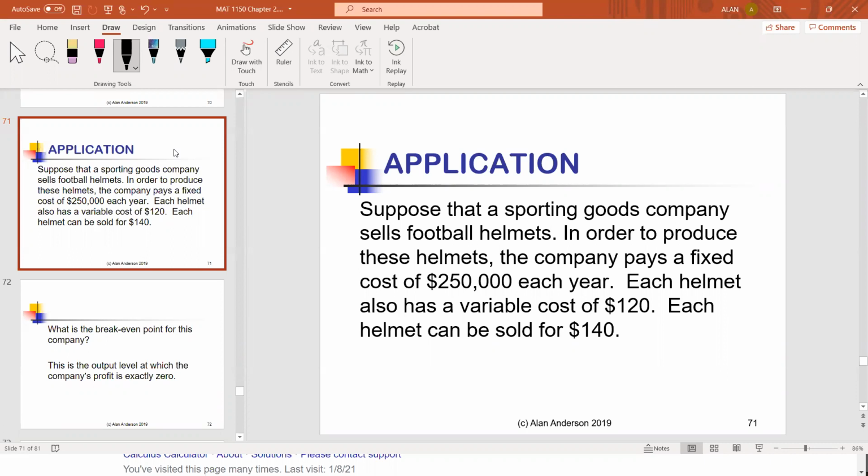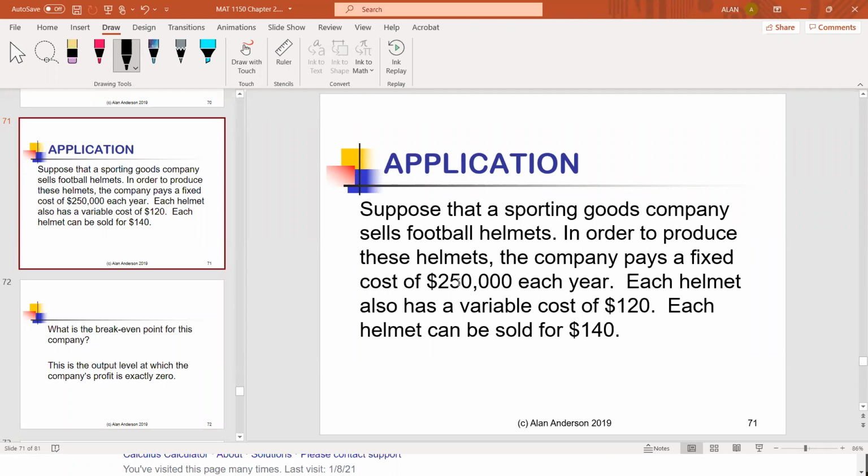That is known as the break-even point. At what level of output do we have the same revenues and costs? That we call in economics break even, which means that you're making no money. So let's find out what that point is.